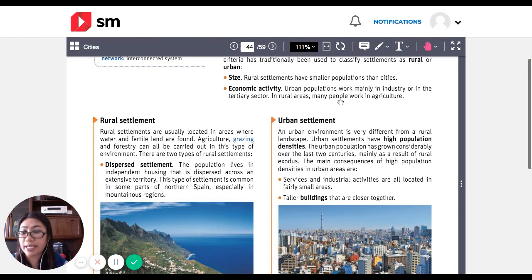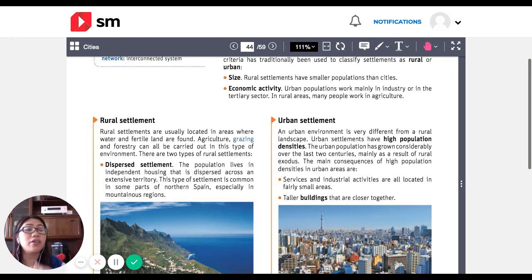So when we say size, rural area or people in the rural area or rural settlements, they have a very small population as compared with people living in the urban area. And second is the economic activity.